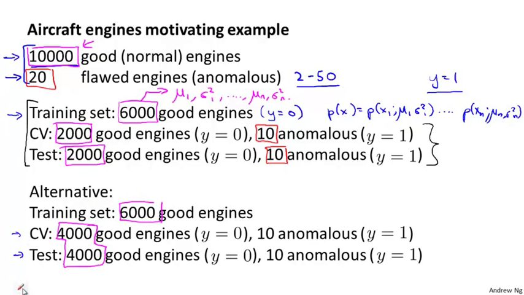But in anomaly detection, sometimes you see people use the same set of good engines in the cross-validation set and the test set, and sometimes exactly the same set of anomalous engines in both. All of these are considered less good practices and definitely less recommended. Certainly, using the same data in the cross-validation set and the test set is not considered good machine learning practice, but sometimes you see people do this too.